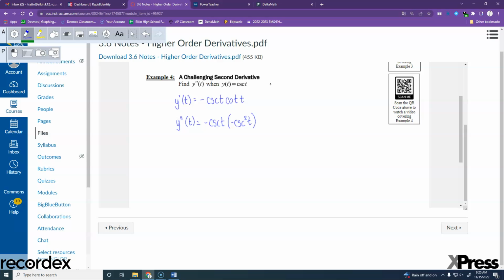I don't use them very often either. Plus cotangent t times the derivative of negative cosecant t. So that's going to be, it's negative, but there's also already a negative there, so it's going to be positive cosecant t cotangent t.